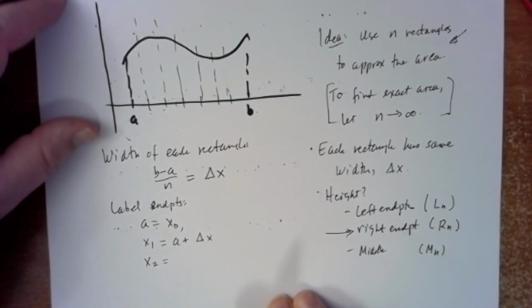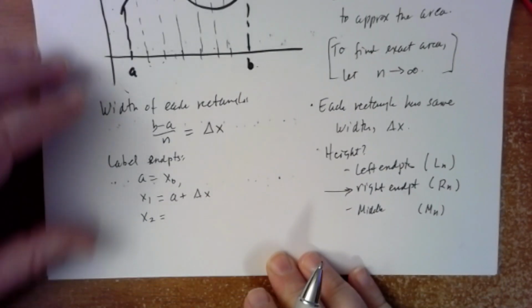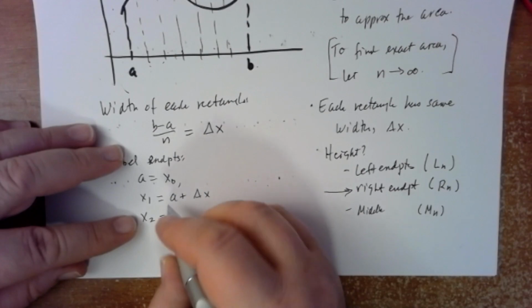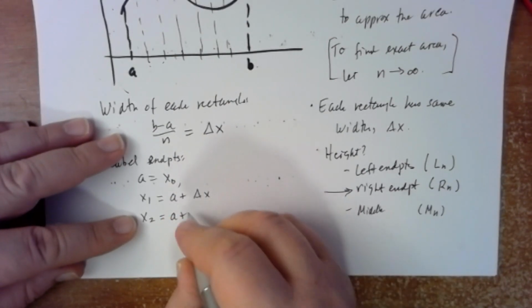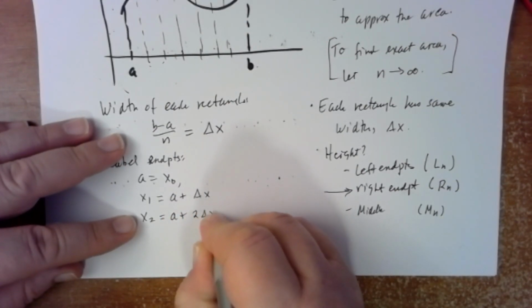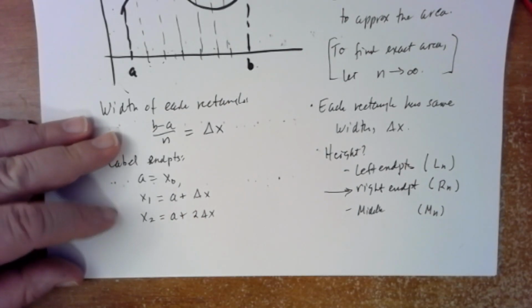And so if you wanted to compute x2, you could. How would you compute x2? That would be a plus delta x, or a plus 2 times delta x. Okay, and then so on.